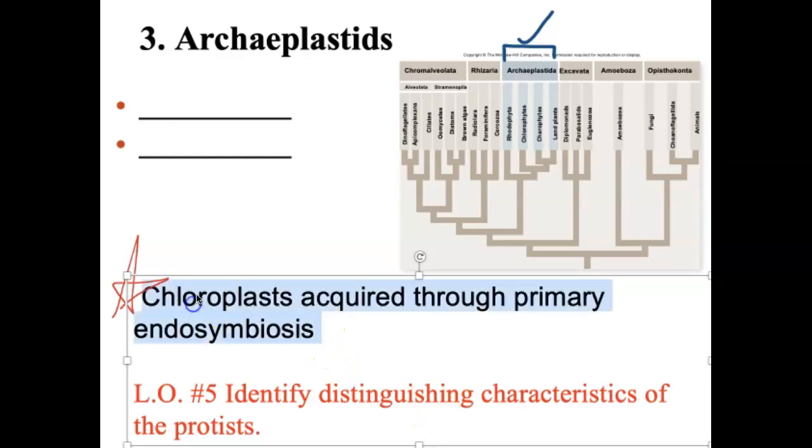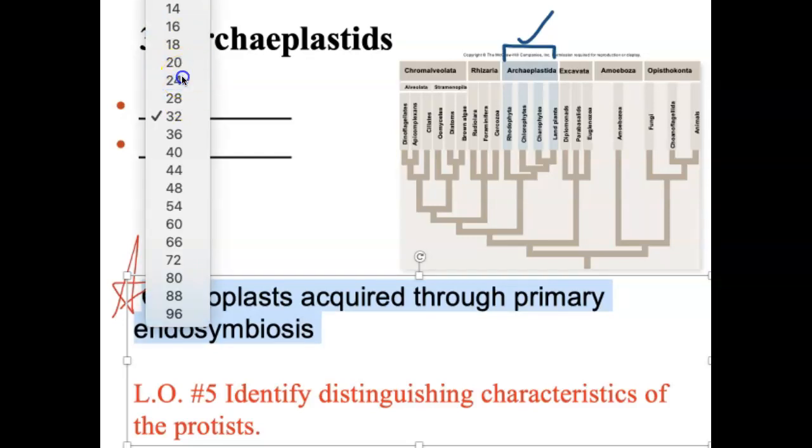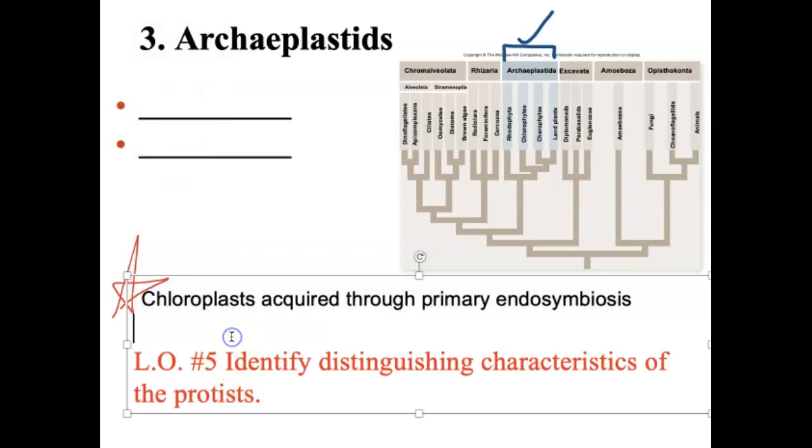Okay, so this is a group that, and I'll show you the slide. We looked at it earlier, but I'll bring it back up, that acquired their chloroplasts through primary endosymbiosis, the Archaeplastids. That's their big key feature.